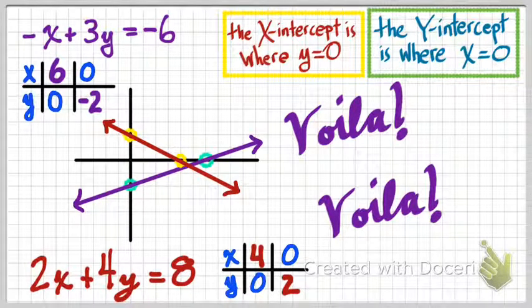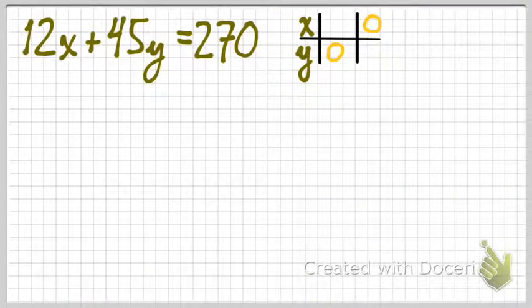It's really not too bad. It's very easy, especially in these kinds of equations where the numbers themselves are fairly easy. But the point that I want to make here now is that even if the numbers are not that friendly, you can still take advantage of the fact that the x-intercept is where y equals 0, and the y-intercept is where x equals 0, and you can actually have some pretty easy mathematics to deal with, even in an equation where the numbers are not that simple. 12x plus 45y equals 270.